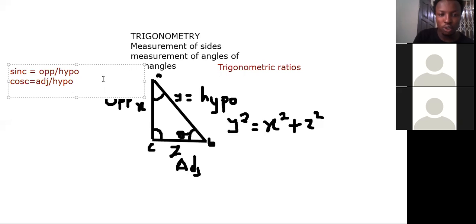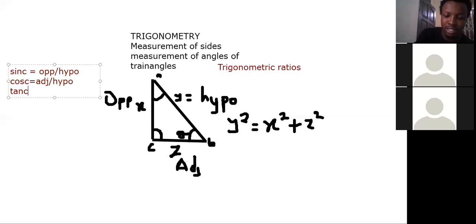Now, using the same diagram, we have tangent, which comes from the word tangent. That's why yesterday, when we were finding the gradient, we just used a tangent. We found the tangent of the angle, which gives us our change in y by x, or our gradient.